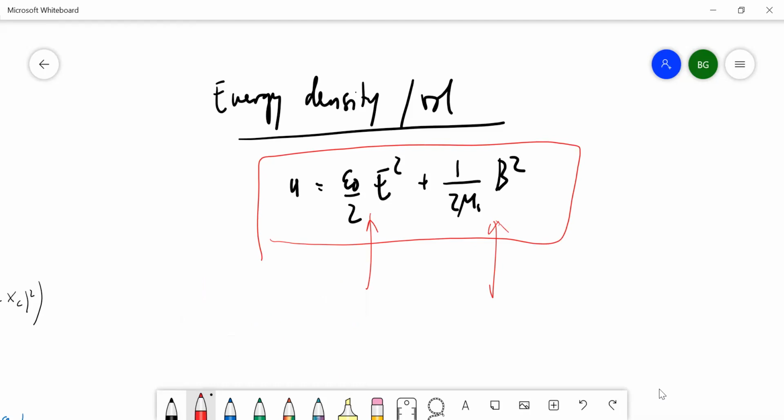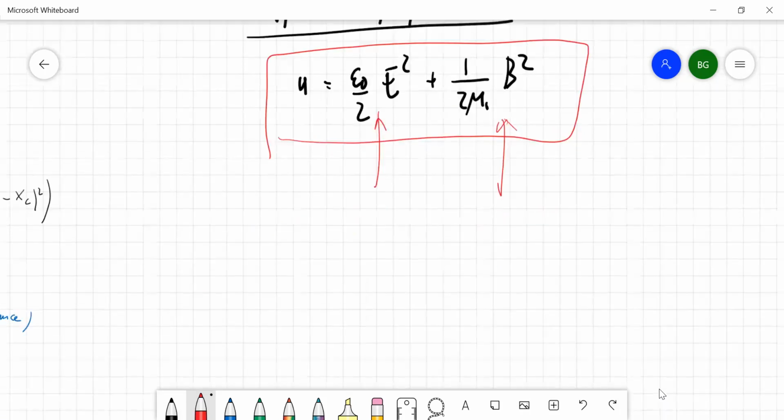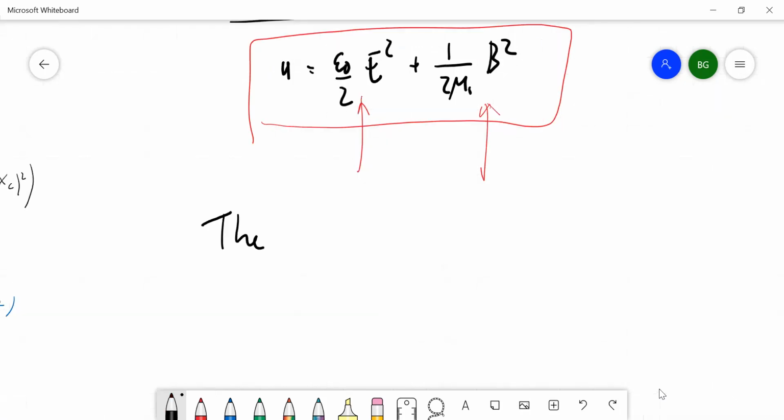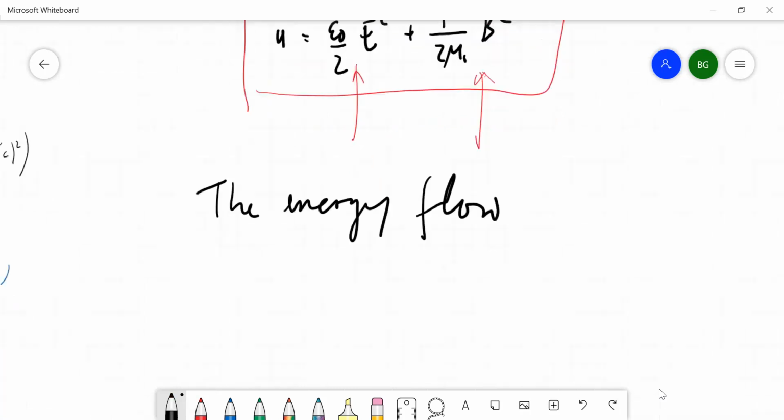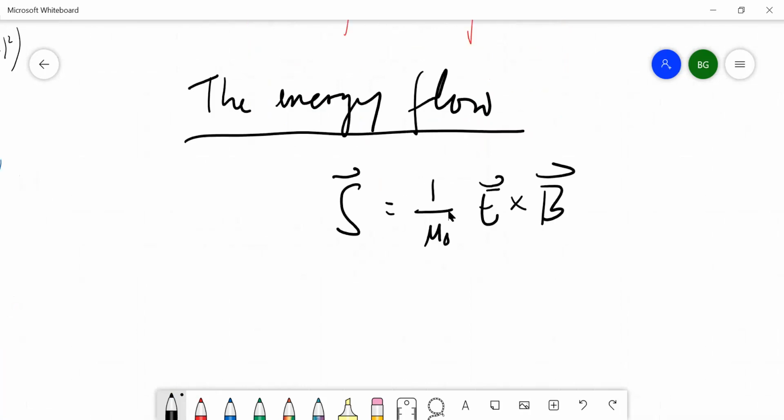So this is the general formula for energy density per volume for electromagnetic waves. The energy flow is described by, yeah, this Poynting vector.